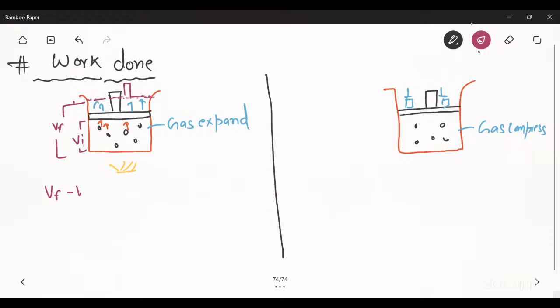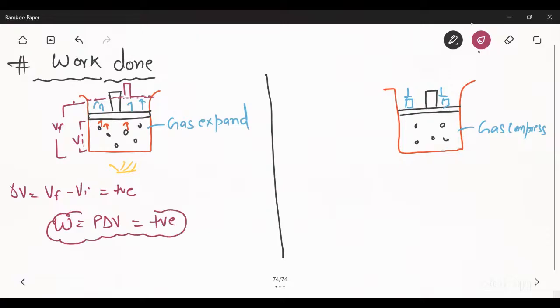Final volume minus initial volume, that means the change in volume is positive, and if the change in volume is positive, then work done is positive because the formula of work done is P delta V. If delta V is positive, work done is positive in this case. That means when gas expands, the work done is always positive.